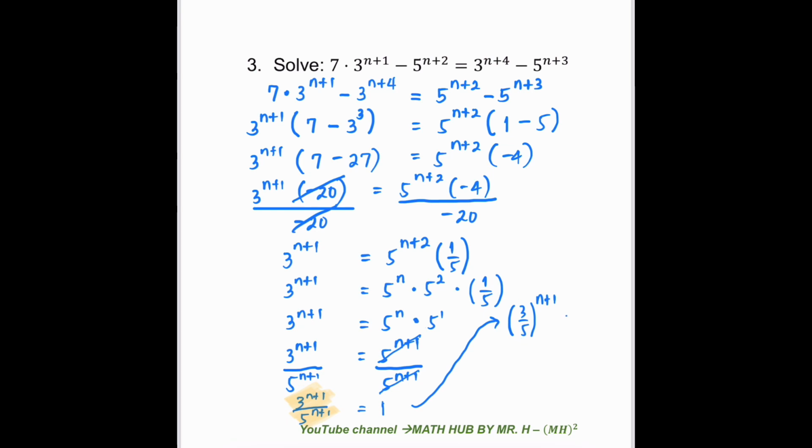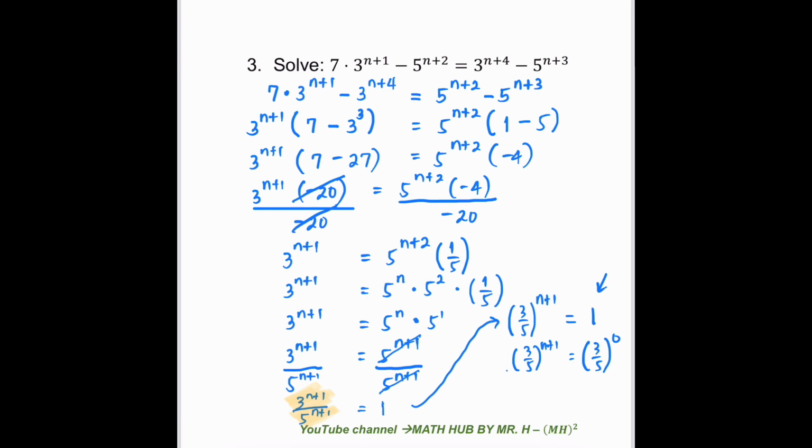So 3 over 5 as the base to the power of n plus 1 equals 1. You know that 1 can be rewritten as 3 over 5 to the power of 0, right? Because any number that is raised to 0 is equal to 1.